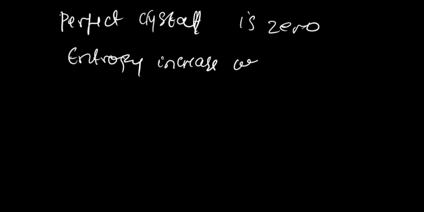And the entropy of a substance increases with temperature. So entropy increases with temperature. This is the general idea of the third law of thermodynamics. The entropy of a perfect crystal at absolute zero temperature is 0, and entropy increases with temperature.